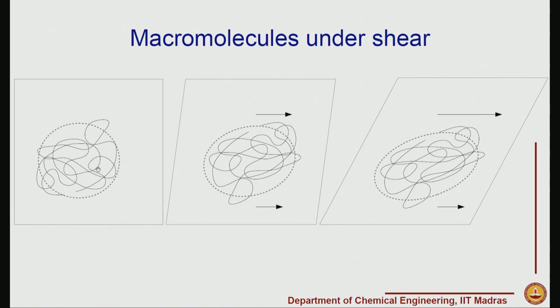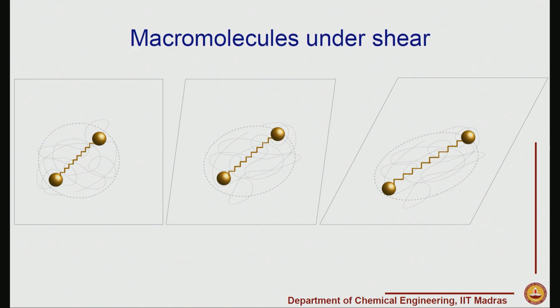So, there are random collisions of solvent molecules and the macromolecules, and there is segmental motion. So, when we look at this bead and spring picture, these beads and springs by themselves will also be vibrating. So, between these two there will be vibration going on, as well as the orientation of the dumbbell will keep on changing even when there is no flow.